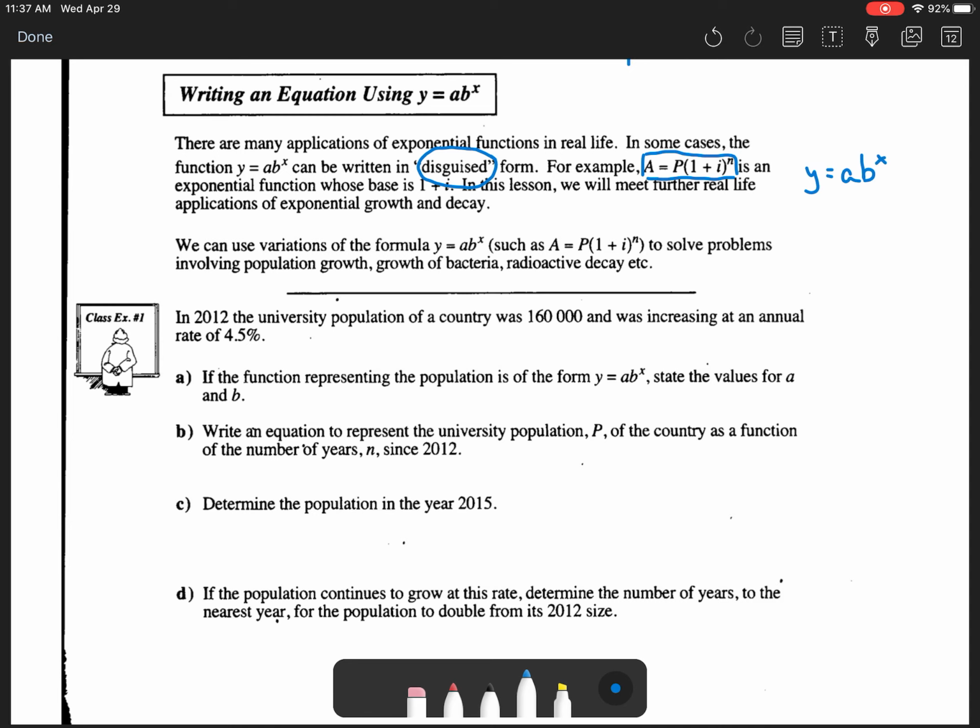So it does take on that exponential equation and function. We can use variations of that formula to solve problems involving population growth, growth of bacteria, radioactive decay. Growth and decay are two words that we're going to be using over and over again in this lesson and till the end of the chapter.